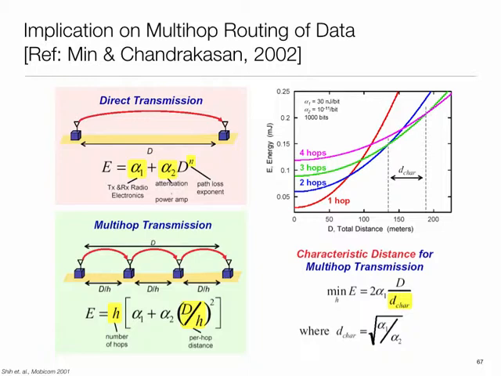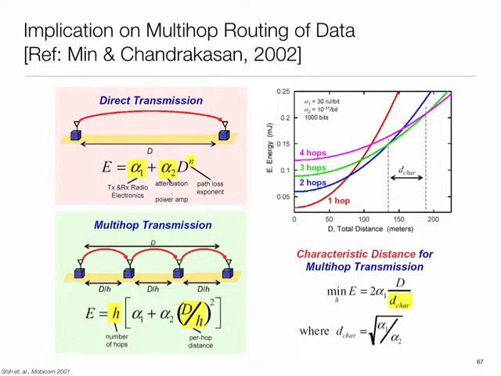If I do it in multiple hops, let's imagine I just do it in multiple equal hops. I have two relays out here, so I will have 3 hops. The point is each one of these is going to be some hop distance. So now I have alpha 1 plus alpha 2 times the distance divided by the number of hops, but I have the number of hops as a multiplicative factor.